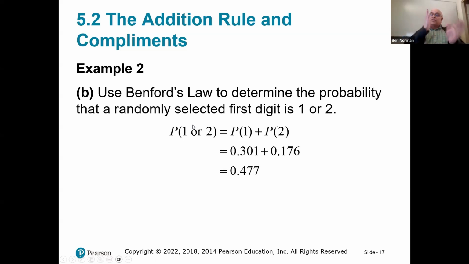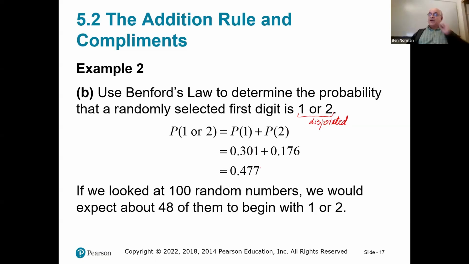Because these are disjoint events, we can use the OR rule. P of 1 or 2 is equal to the probability of 1 plus the probability of 2, or 0.301 plus 0.176. So that gives us 0.477.